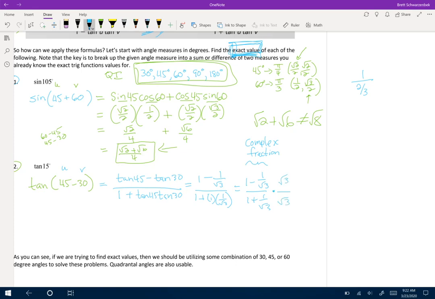If we do that, we have to distribute, and we're going to get root 3 minus 1 over root 3 plus 1. Now, if you don't see that, take the time to do the math and peek to make sure all is good. Now, I'm going to rewrite this down here, root 3 minus 1 over root 3 plus 1, because we're going to need some space, and just so that you're not confused, I'm going to eliminate it from over here.